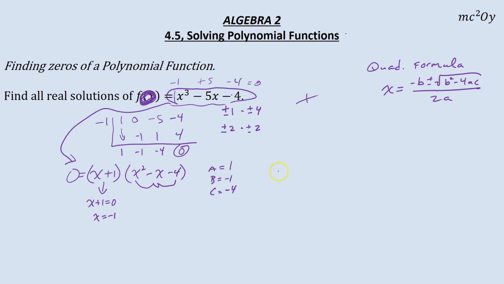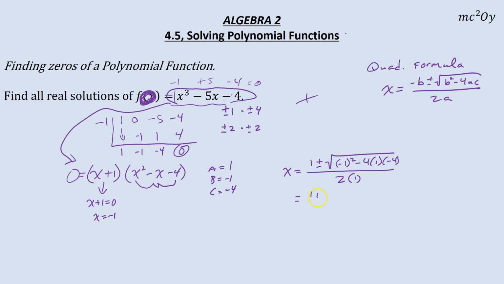Okay, so quadratic formula on it, x equals the opposite of b, so 1 plus minus square root of b squared, so negative 1 squared, minus 4 times 1 times negative 4, all over 2 times 1.